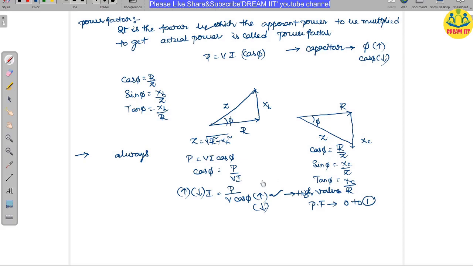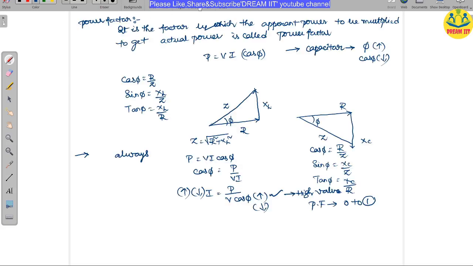So the power factor will be improved by the capacitor. By connecting a capacitor, we can improve the power factor. That's why the farmers are asking to provide the capacitor. That is the importance of the power factor of the circuit.